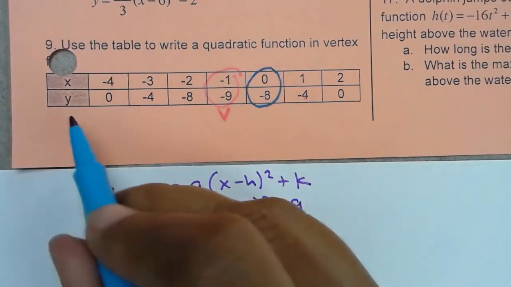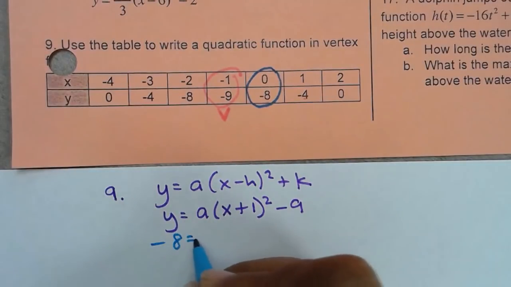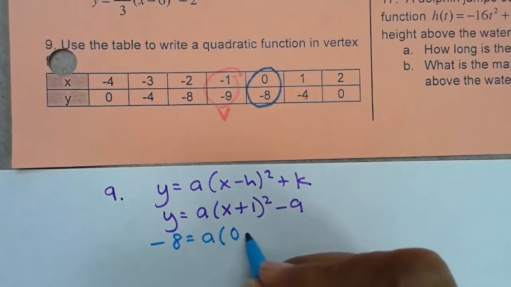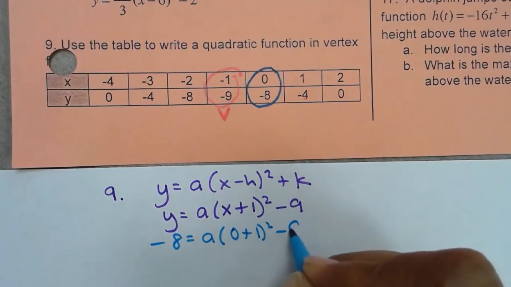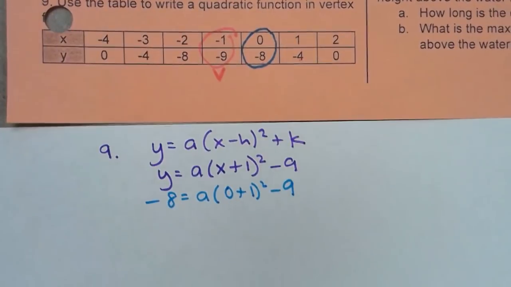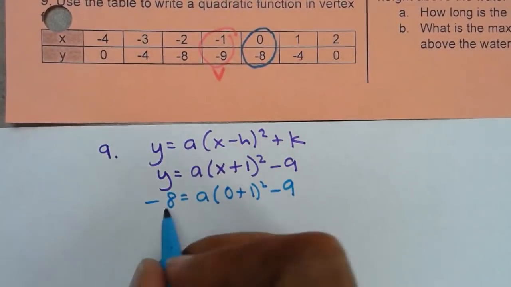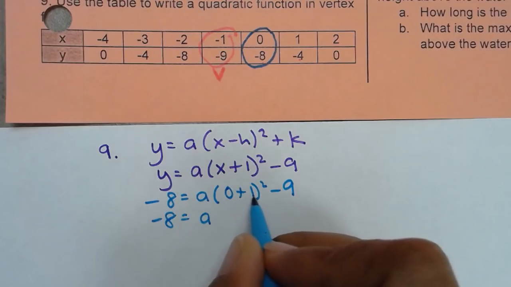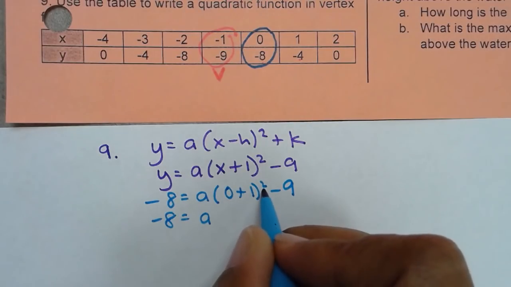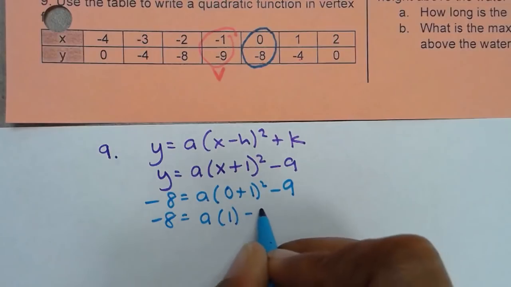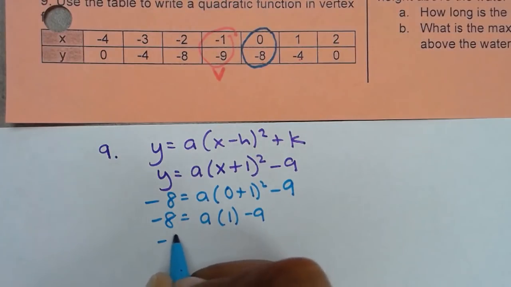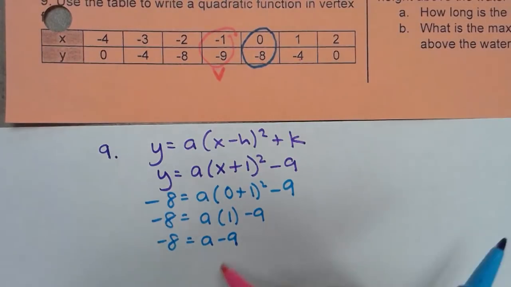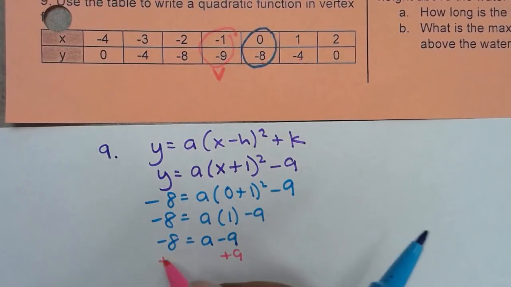So -8 is your y value, equals a is what I'm solving for, x is 0, plus 1 squared minus 9. At that point right there, I'm going to go ahead and simplify in here. So I have a times, and then 0 plus 1 is 1, 1 squared is 1. And a times 1 is really just a. So all I'm going to do is add my 9.